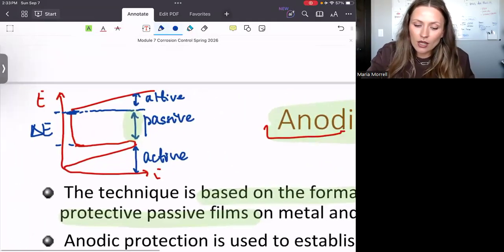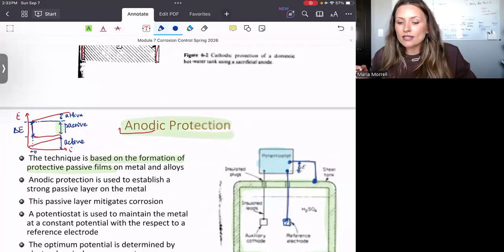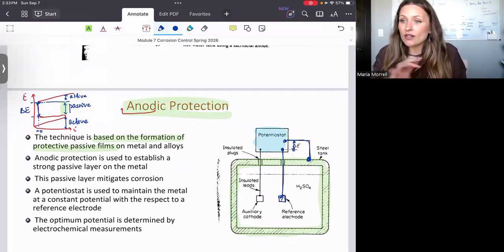I'll write it down again. You want to be here because the current density here is almost zero. And if the current density is almost zero, that means even though I have my anode, the steel tank here is the anode, there's no cathode partnering with it.